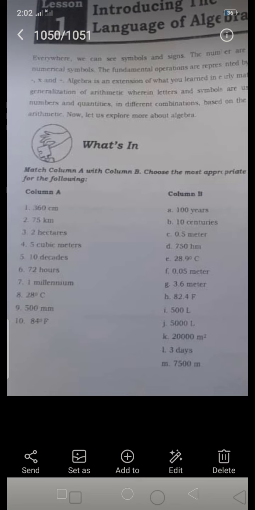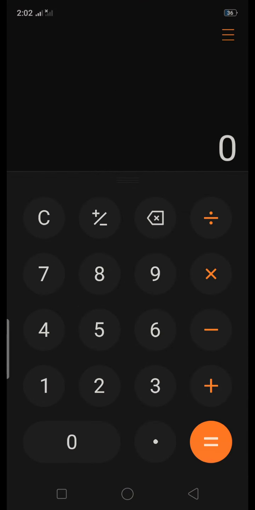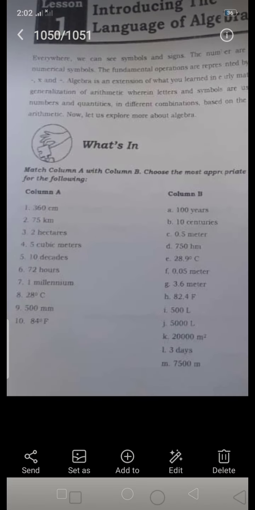So, yung nandito lang sa choices sa column D is 3 days. So, titingnan natin how many days yung 72 hours. So, since sa isang araw, may 24 na oras, yung 72, i-divide natin sa 24 hours in a day. So, may 3 days tayo.